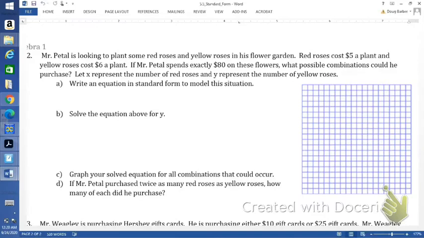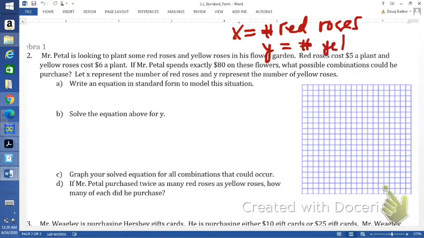Alright, so X is the number of red roses, and Y is the number of yellow roses. Okay, so red roses cost $5, so 5x.